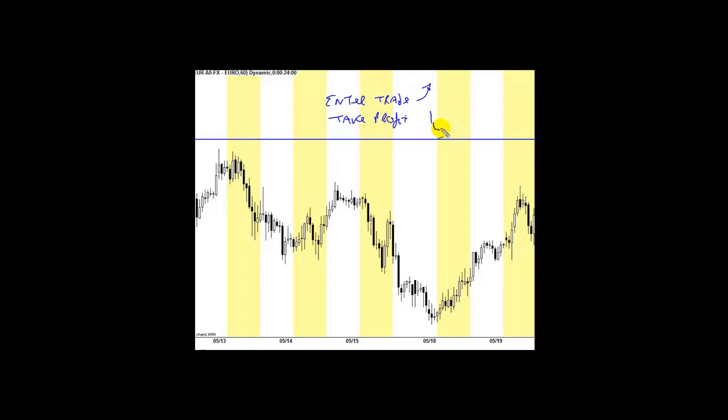So we get the move down, we get the reversal, we enter the trade, we take the profit, it comes then back down to that support or that level or even a trend line or Fibonacci level, and we get another reversal, another good sign of reversal taking place more or less where we got in, or slightly above that, and we can get back into the same trade again, and we can take profit on that trade one more time.